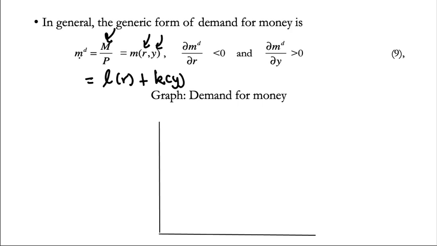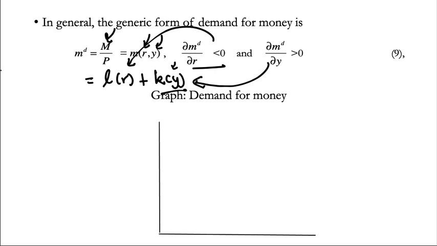So when we differentiate money demand with respect to interest rate, it is negative because of this. Here we don't have R, isn't it? But if we differentiate it with respect to income, it is positive because of this transaction demand for money.